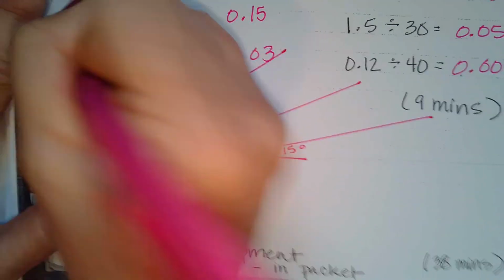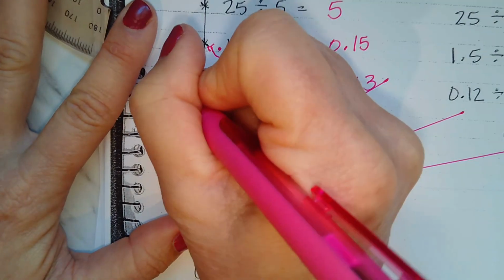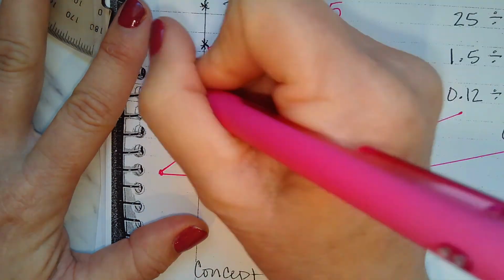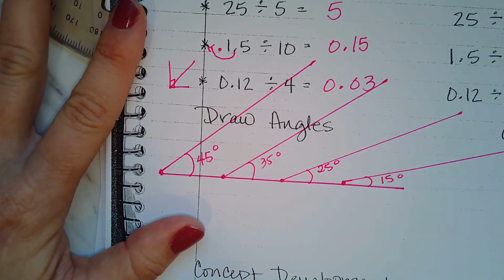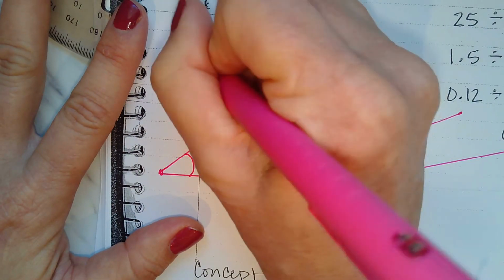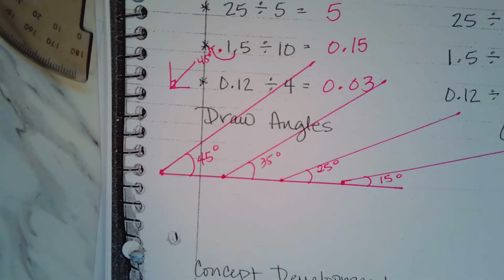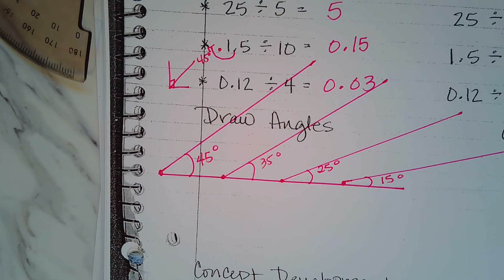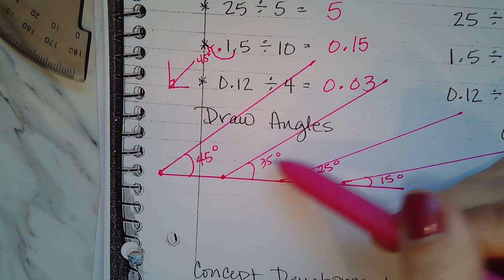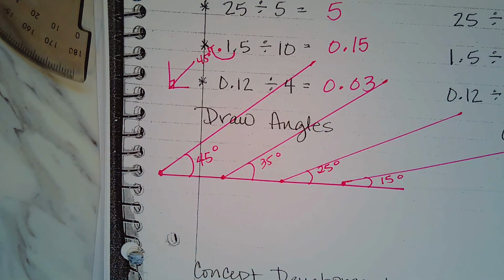So if you had an angle that you knew was 90, if you just cut it in half, you know automatically that that is going to be a 45-degree angle. Then half of 45, we wouldn't necessarily do half of 45, but we might go 30, 35, 25, or 15. Those might be angles that would probably show up quite often.